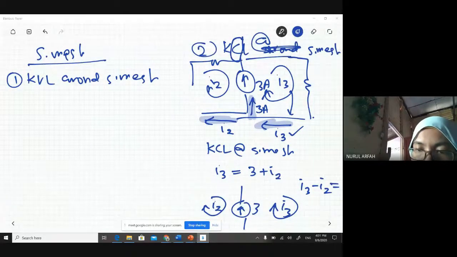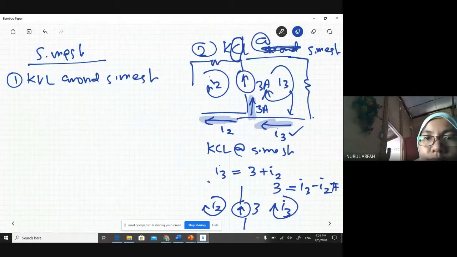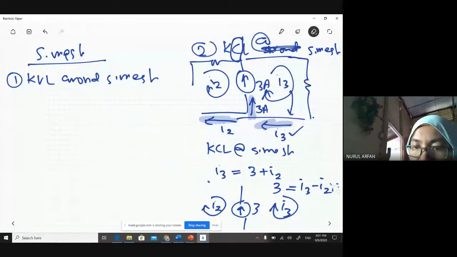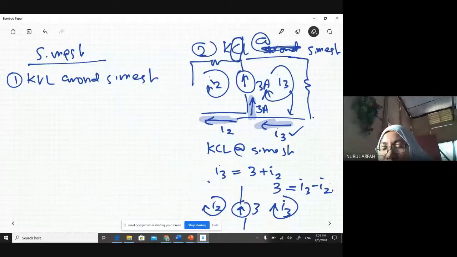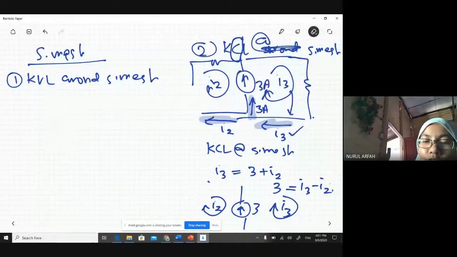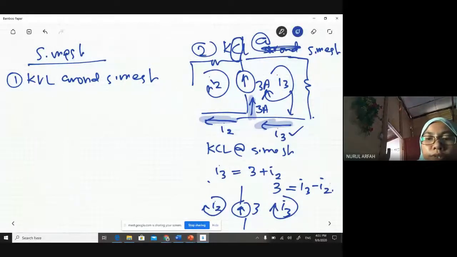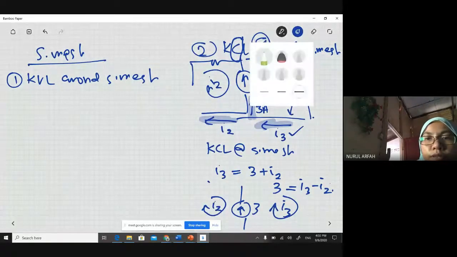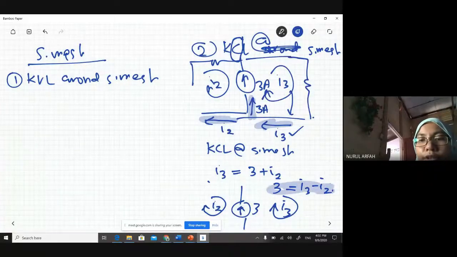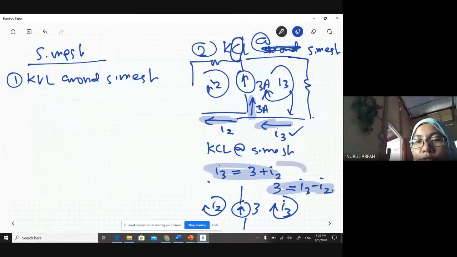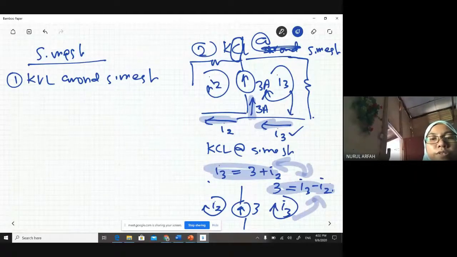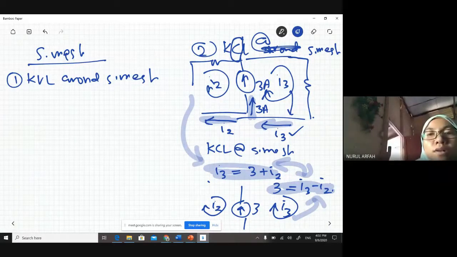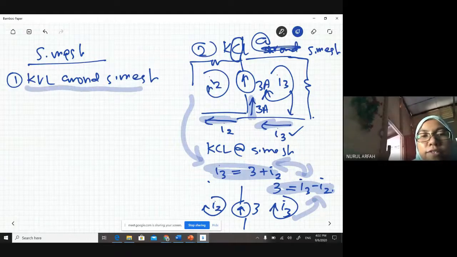Since we don't have space here, I just put 3 here. Is this the same or not? Yes, it's the same. Okay, so which one do you prefer? Up to you. You can use any method that you like, as long as both are correct. This one coming from here and this one coming from here. All right. What is KVL around the super mesh then?